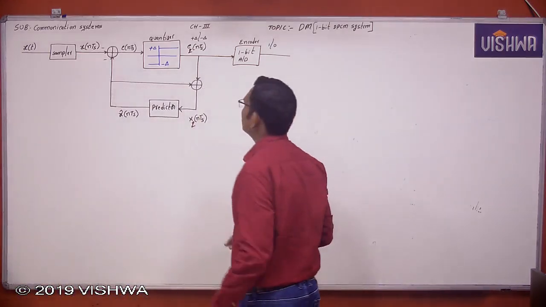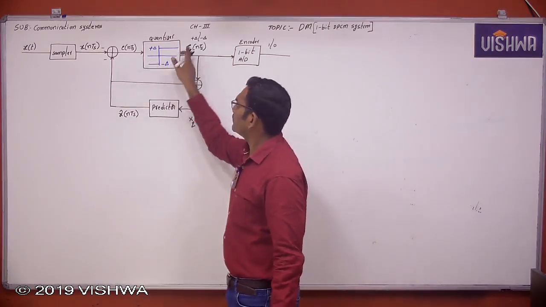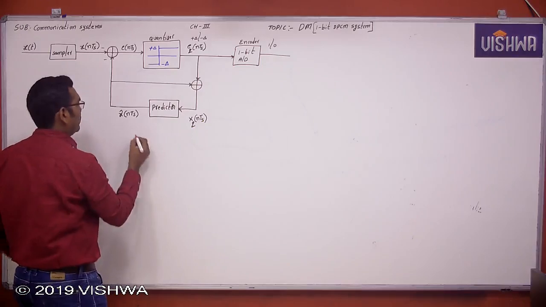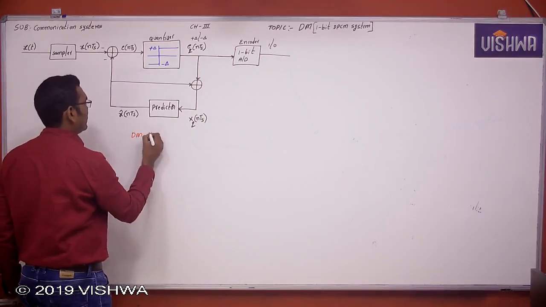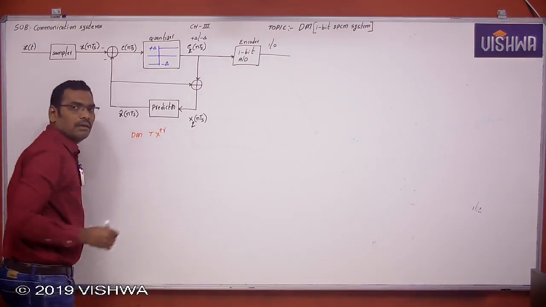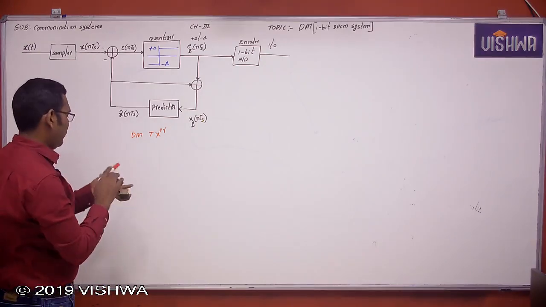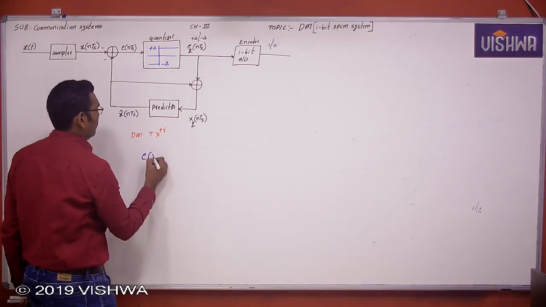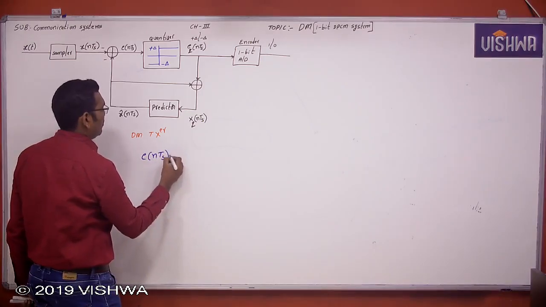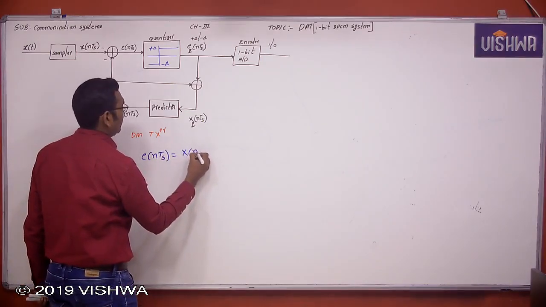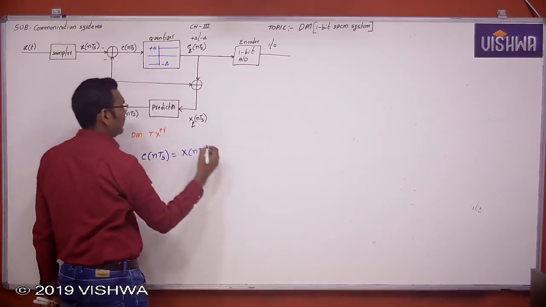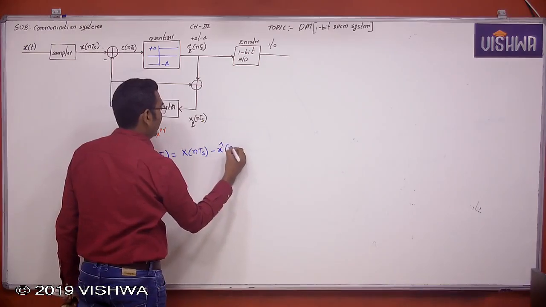Now this is the delta modulation, this is the DM transmitter. First we will see the transmitter portion. What is the delta modulation transmitter? Now this is e of nTs. What is e of nTs? It is x of nTs, the present sample value, minus the predicted sample value x cap of nTs.